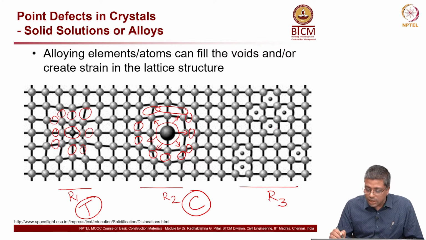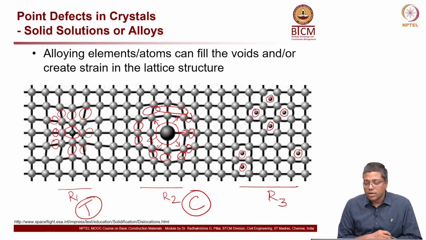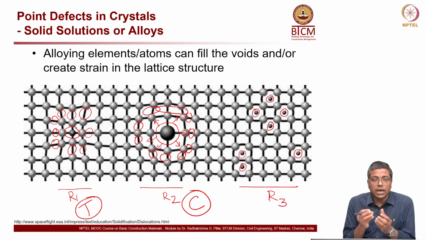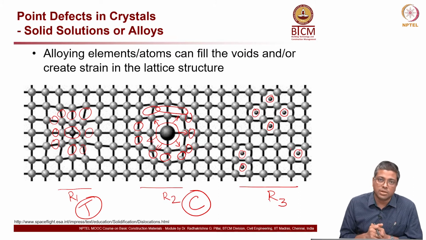Now, R3, where you have an interstitial kind of defect, you can see here, they are making some changes, but there is not really much compression or tension generated, but they can make a difference in the overall volume, or other types of properties can get affected, or density will get affected, because the air voids in between are now filled with some other material.